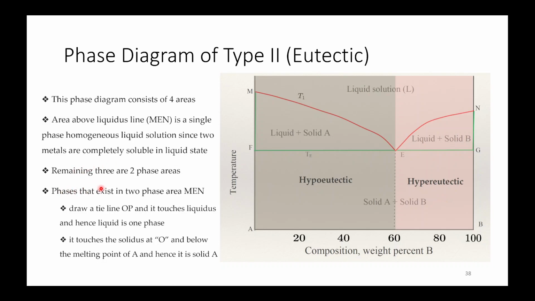So for the phases that exist in a two phase area, if it is existing in this region, we can draw this horizontal line and find out what phase percentage is there, so how much liquid is present, how much solid is present.